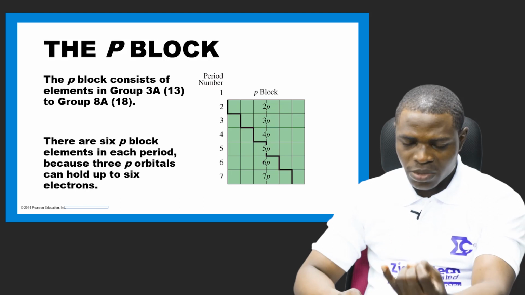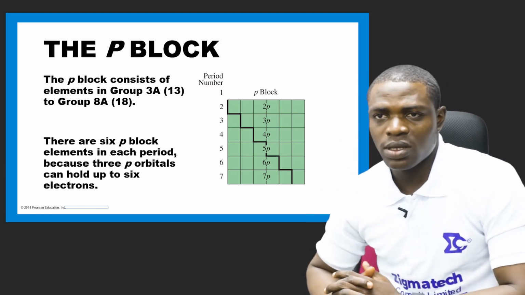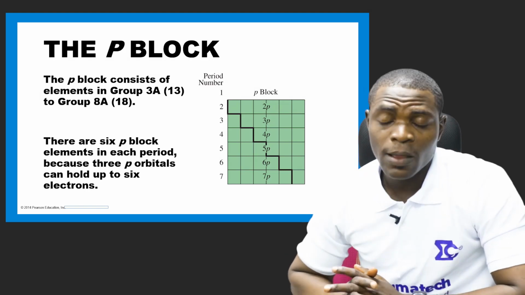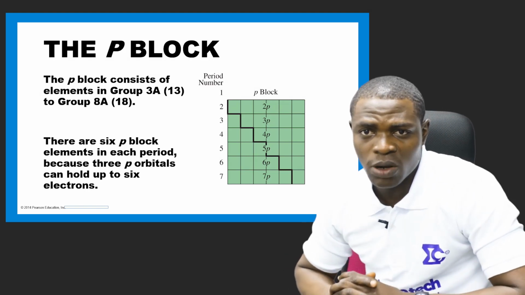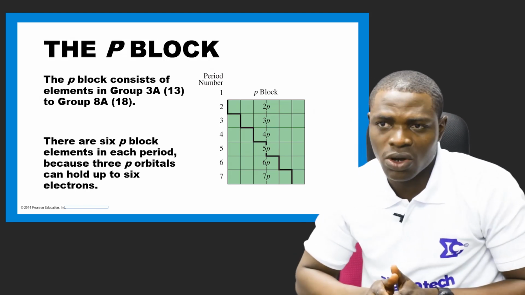Remember, the S orbital can hold up to 2 electrons in the periodic table, while the P orbital can hold a maximum of 6 electrons.